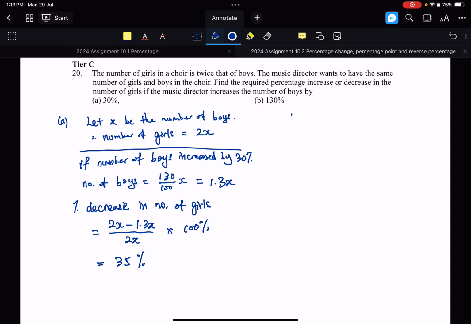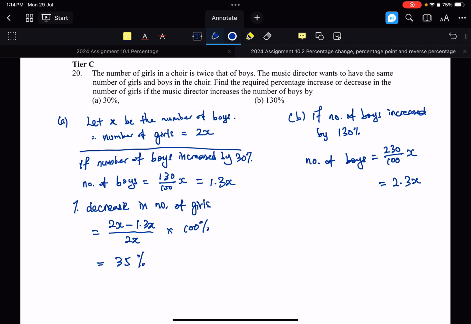Now what happens if the number of boys increases by 130%? If that's the case, then the number of boys this time round will be 100 plus 130 is 230 out of 100x, and we can simplify this to 2.3x.